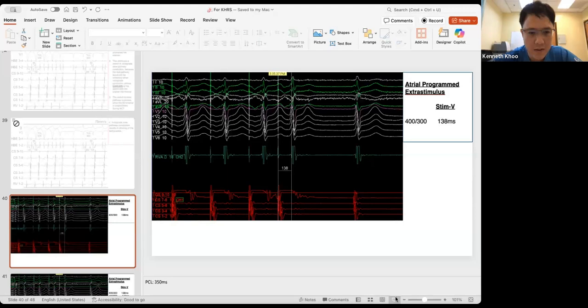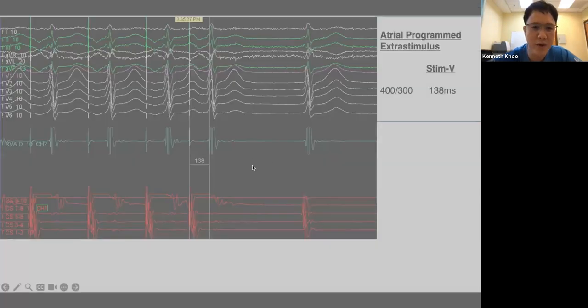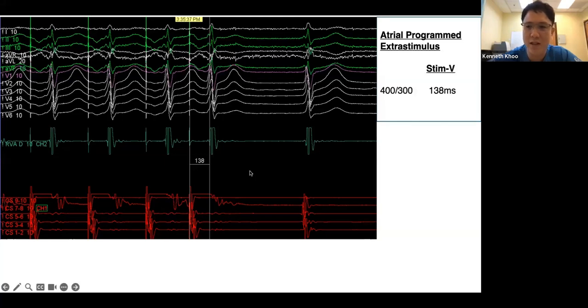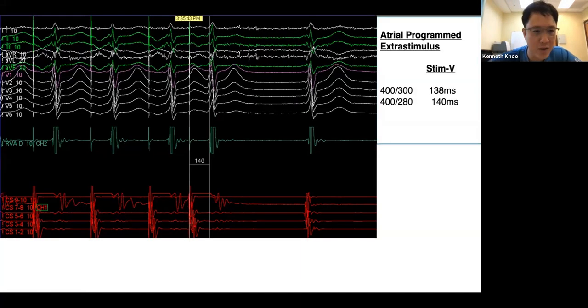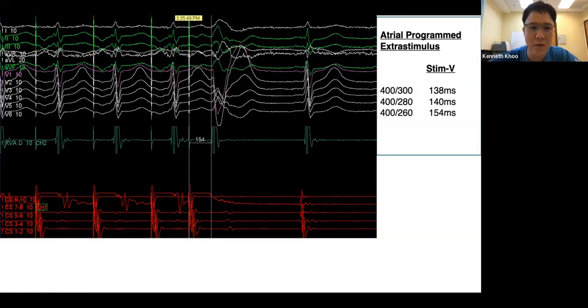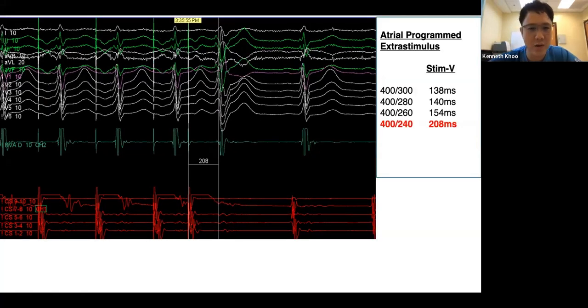Right. So this is post ablation. We repeated the EP study, but of course, it wasn't the full 3 catheter study. We tried to induce it via atrial incremental pacing and extra stimulus pacing. And this is what we saw. It's not a His bundle catheter, granted, but when we reduced the S2 coupling interval, right here we saw a sudden AV jump, not an AH jump, but an AV jump.